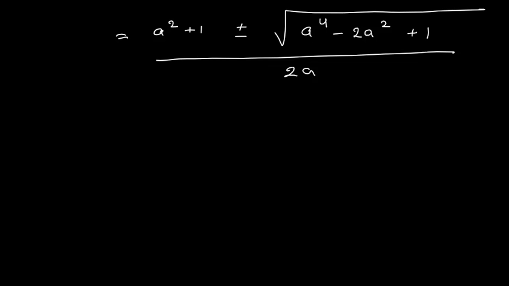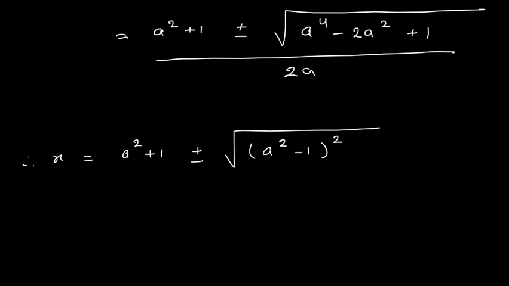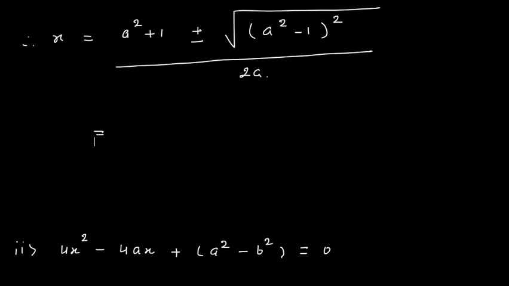So x is equal to a square plus 1 plus or minus, now here it is the square root of a square minus 1 the whole square, and this whole divided by 2a. So this is equal to a square plus 1 plus or minus a square minus 1, whole divided by 2a.